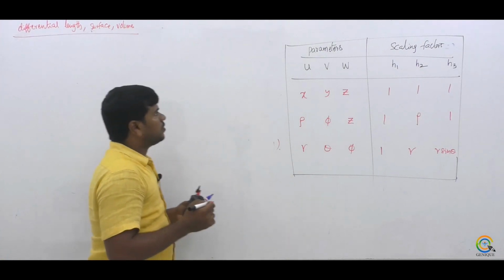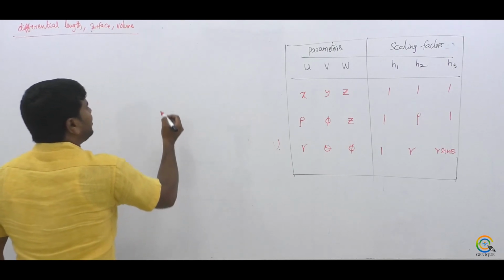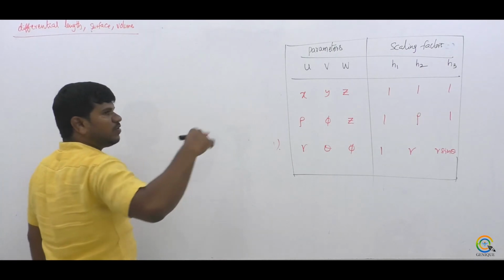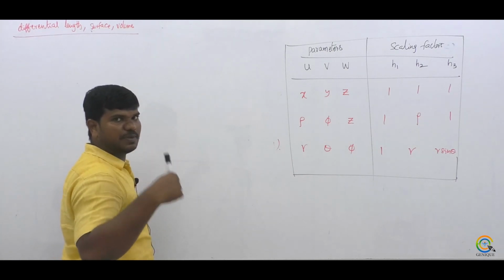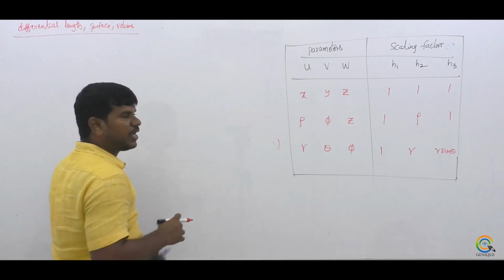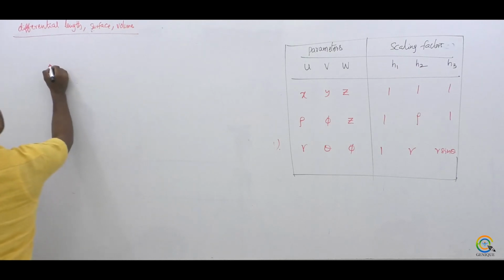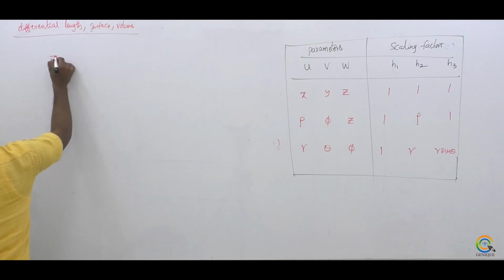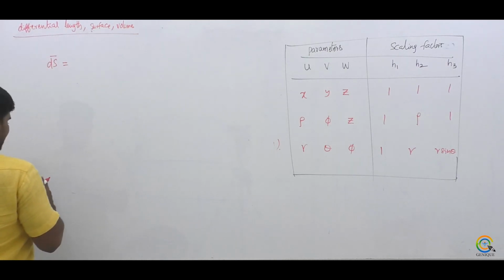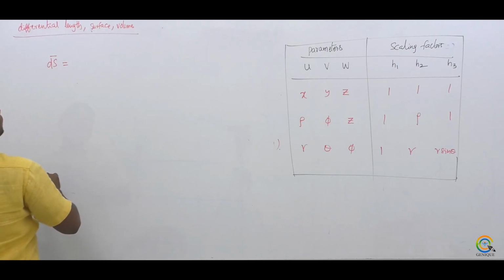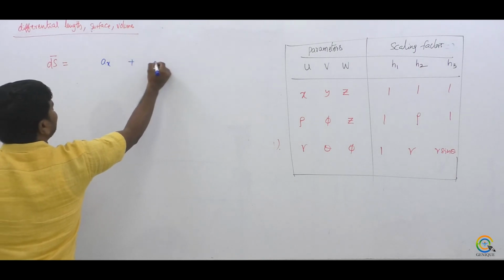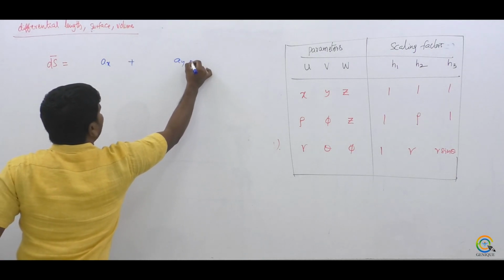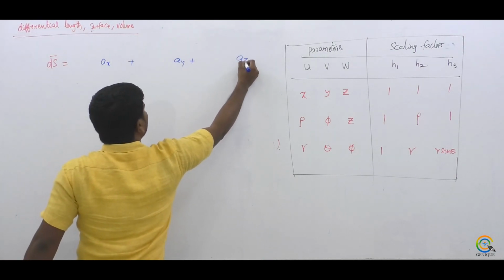Y equals constant surface will have ay direction. Z equals constant surface will have az direction. Okay. What is this ds? ds can be written in the direction of ax plus in the direction of ay plus in the direction of az.